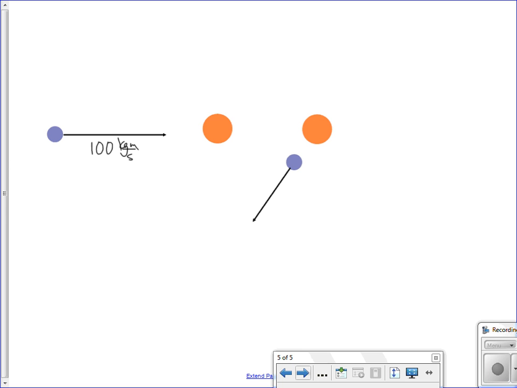All right. So this is the delineation between before, initial, and after. So let's start with a conservation of momentum in each of two perpendicular directions.